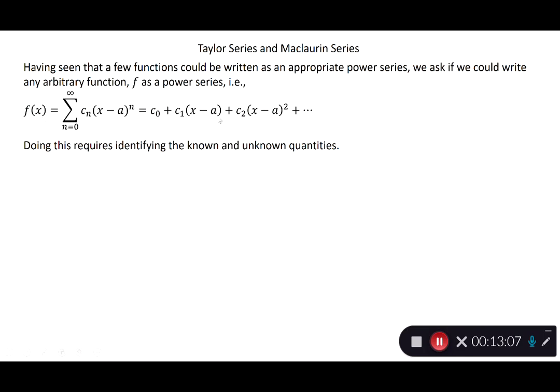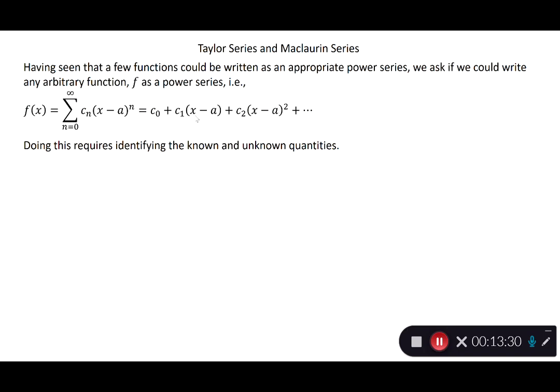All right, what about a? Is a a known quantity? Yeah, we can center the power series about whatever a we want. So a is a known quantity. What about x? Is x a known quantity? I don't know.